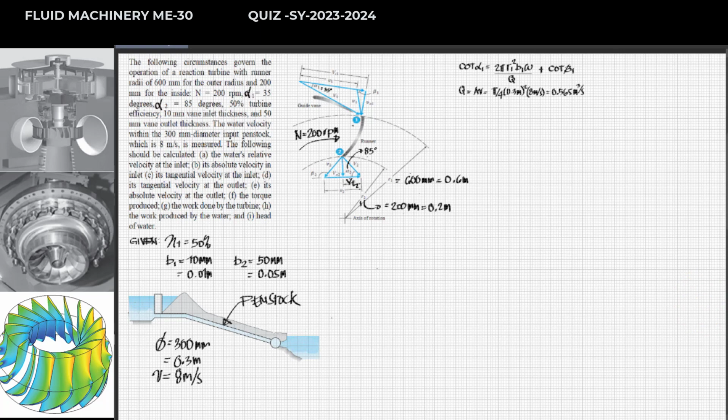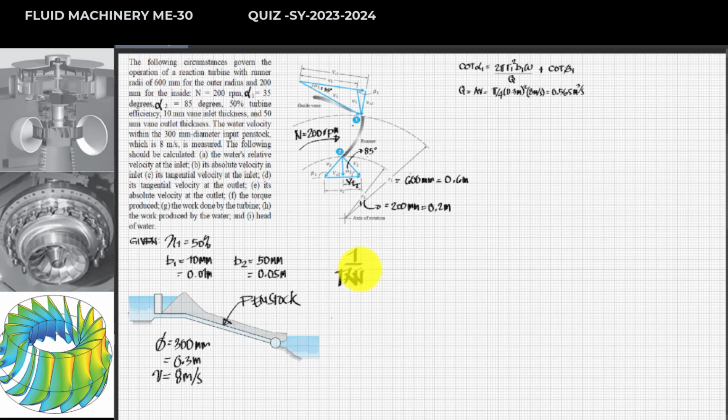Now, let's substitute the values we got and also what is given. So that will be cotangent of alpha 1, where we have 30 degrees. I will express the cotangent as 1 over the tangent, which is easy to press on the calculator.